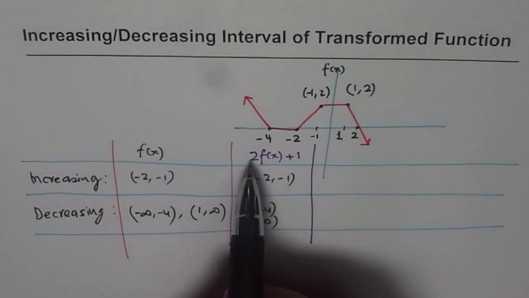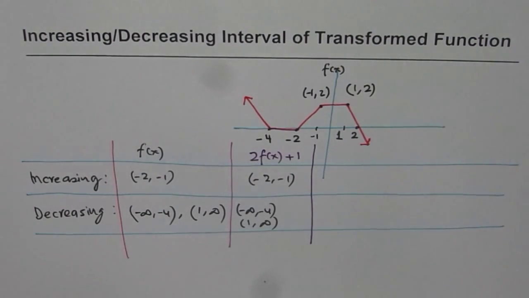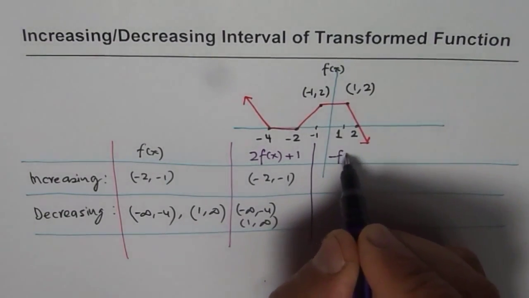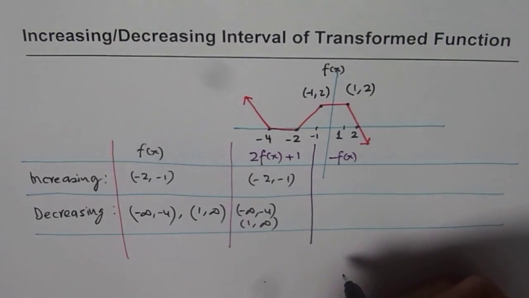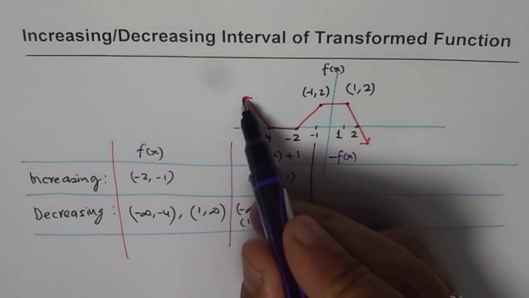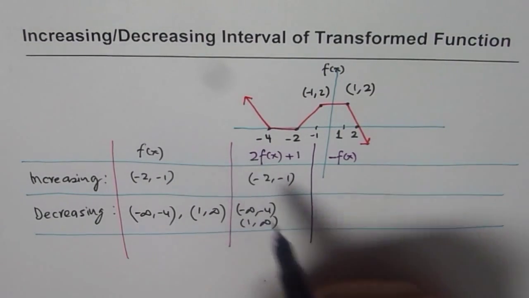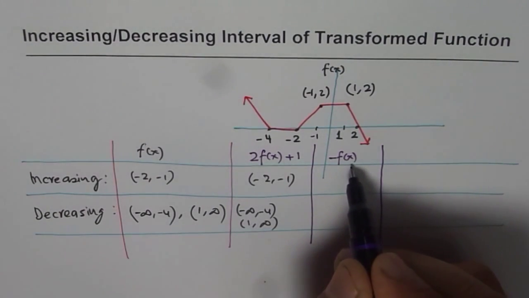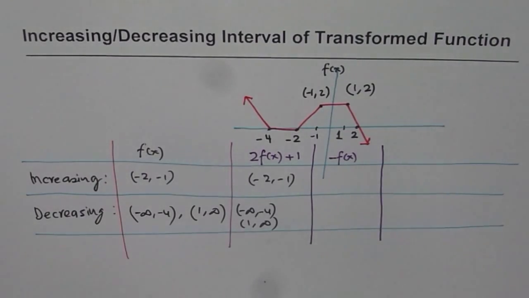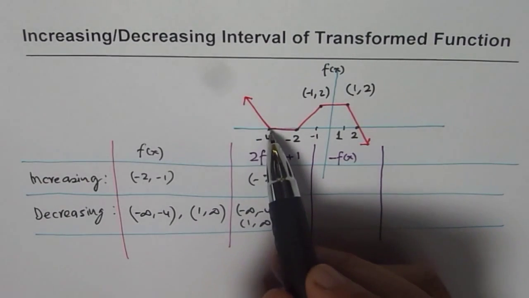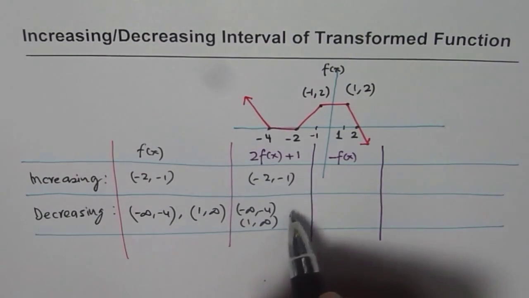But if I reflect it, that is to say, if I consider a function which is minus f of x, then what happens? If I reflect the function, then the decreasing interval becomes increasing. Do you see that? They interchange. So when we reflect the function vertically, the intervals interchange. What was decreasing becomes increasing.